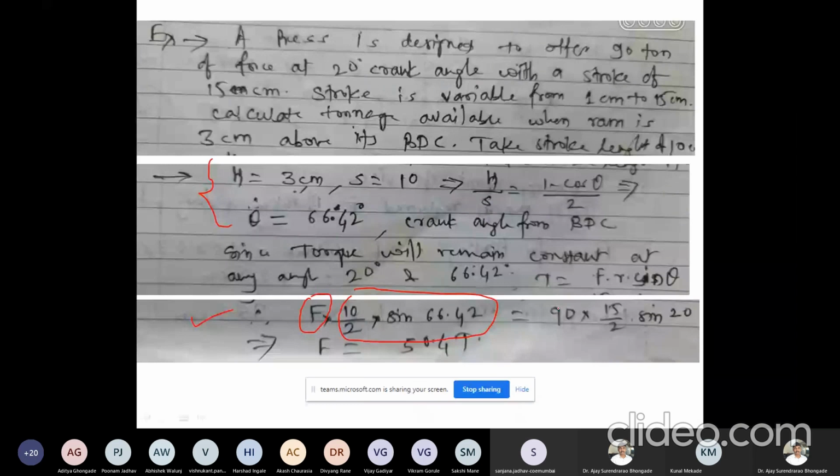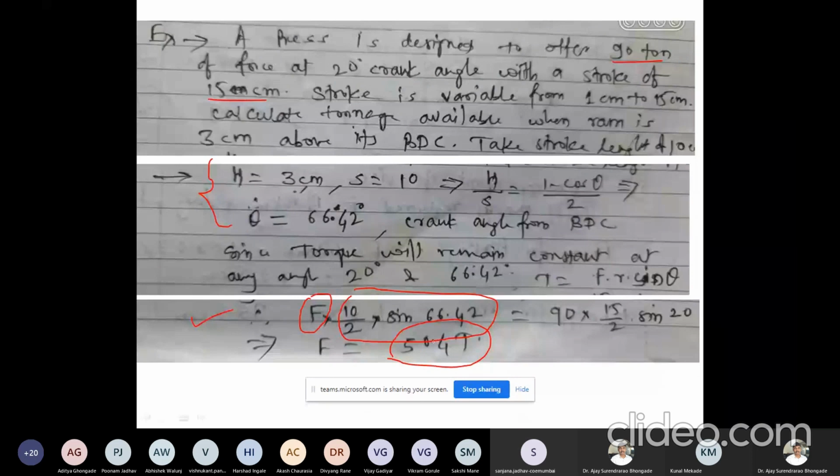So for 90 ton, 15 by 2 is the stroke that has been given, into sine 20. So that torque will remain constant. So we are equating the torque at the various positions. If we work it out, that becomes 50.4 tons. Correct. So the force we are going to get at this particular position is 50.4 tons.